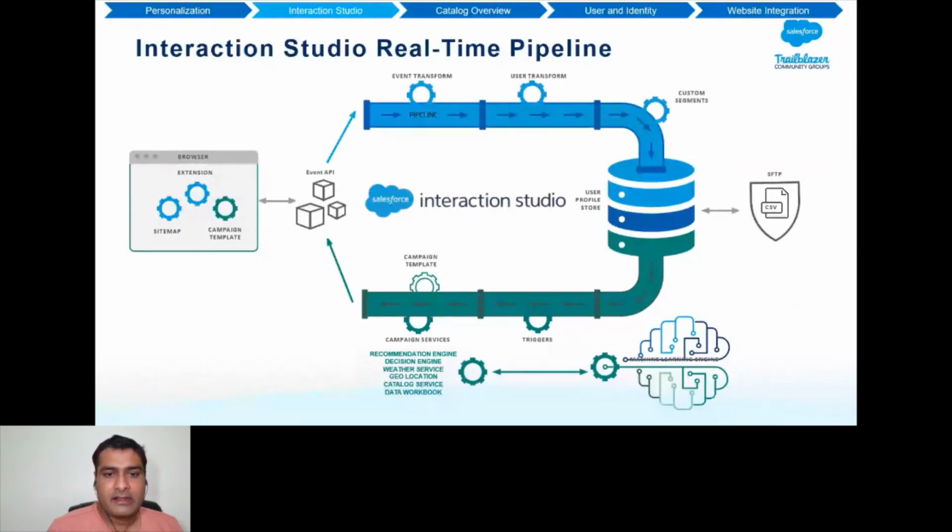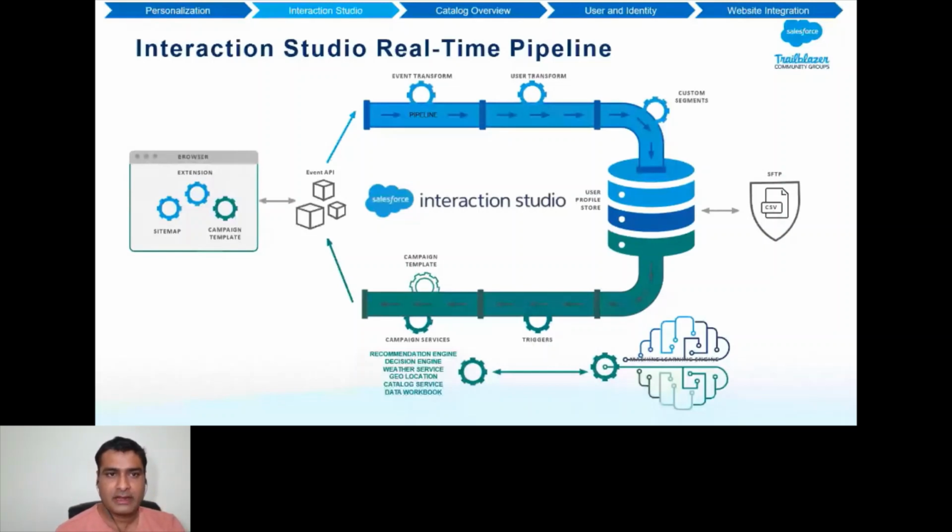And that content is then used within those templates and campaigns, and the real-time personalization experience is served to a particular customer. So that's how it works in real time through this pipeline.